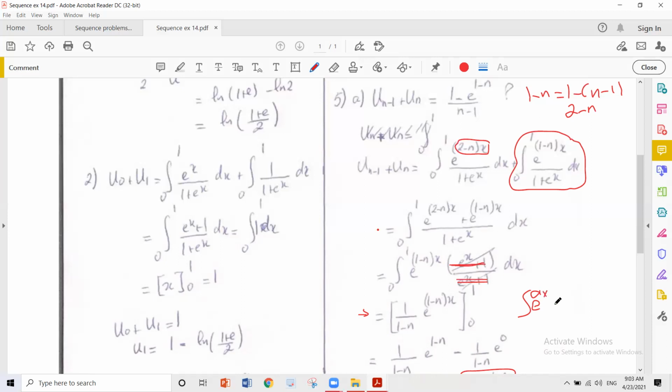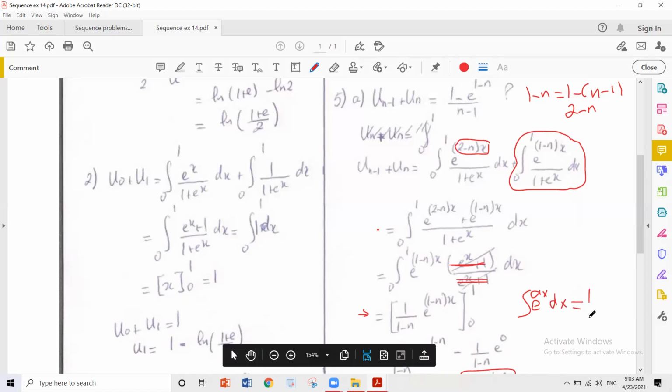We have an integral of the form e to the ax dx. The rule is 1 over a e to the ax, without the integral sign.